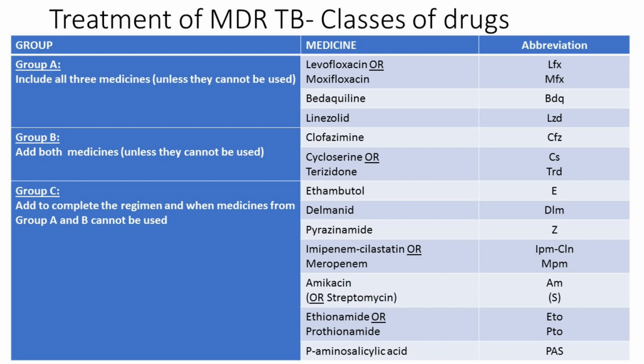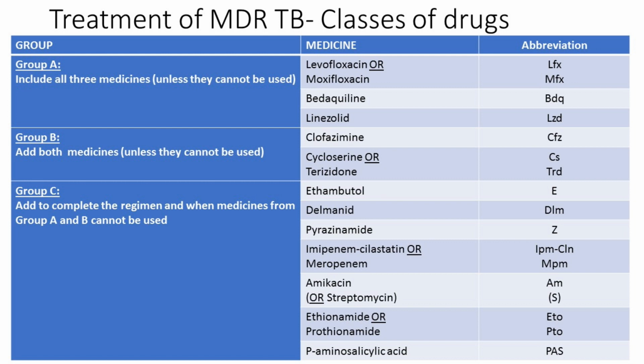Earlier we used to have injectables in group 1 and quinolones in group 2. Now, depending on their efficacy, group A contains levoflox or moxiflox, bedaquiline in adults, and linezolid. You have to use all three. In children we are still not using bedaquiline, so your combination has to have levoflox or moxiflox and linezolid.